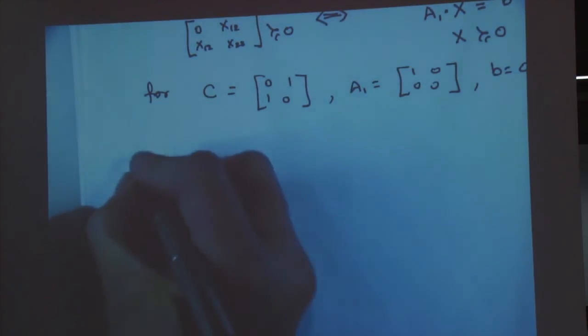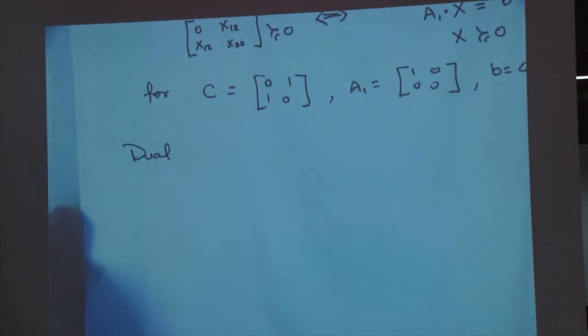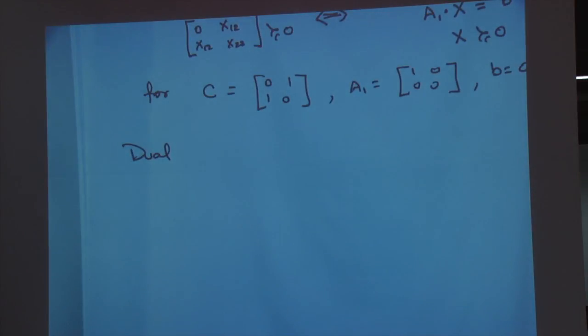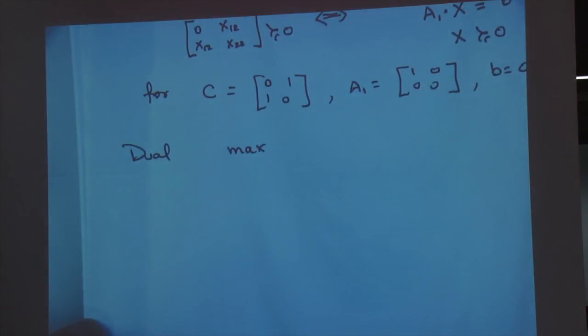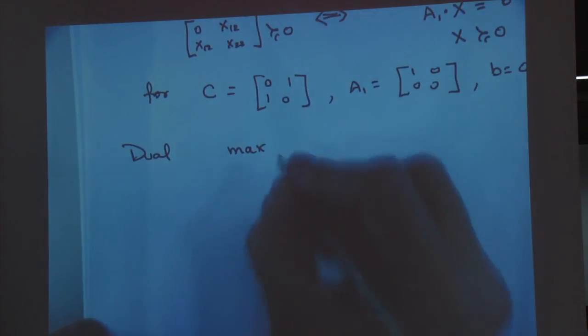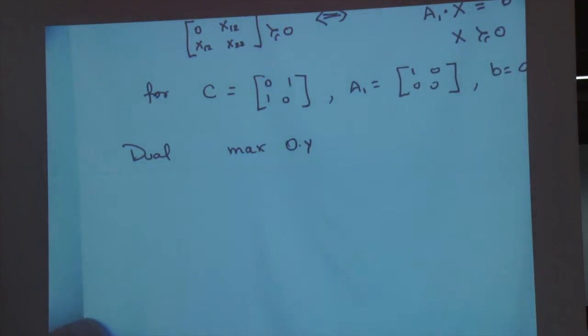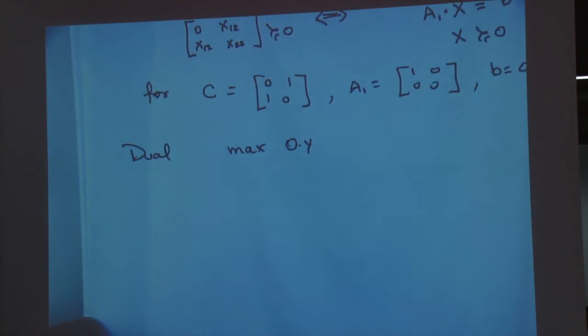So the dual will be the following problem. Remember, the dual is max B transpose Y. It's a peculiar dual because the objective is kind of trivial, 0 transpose Y, but that's still a number, so let's put it there.